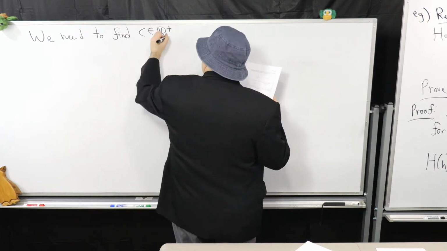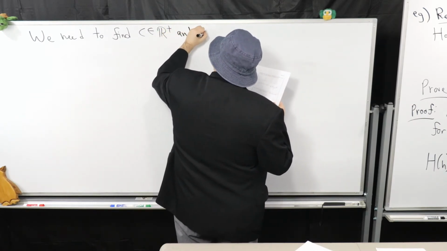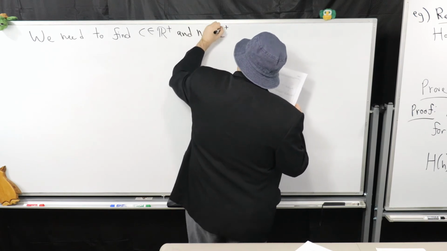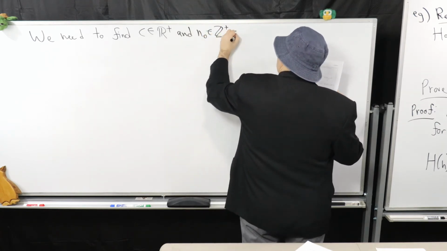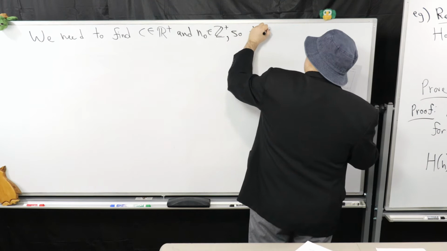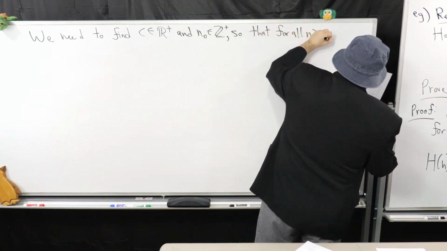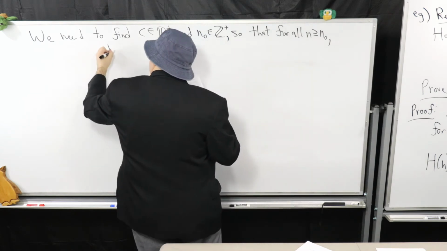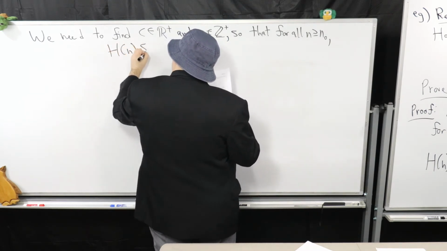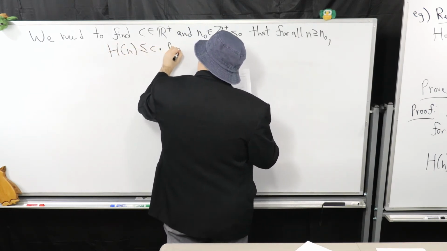We need to find c and n0 so that for all n greater or equal to n0, h of n is less than or equal to c times log base 2 of n.